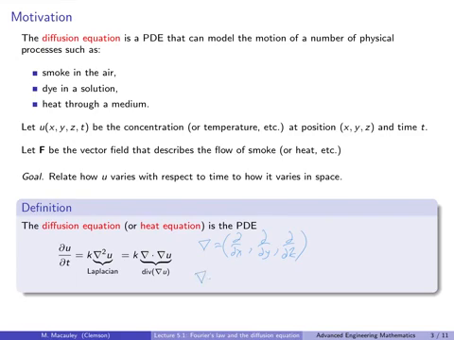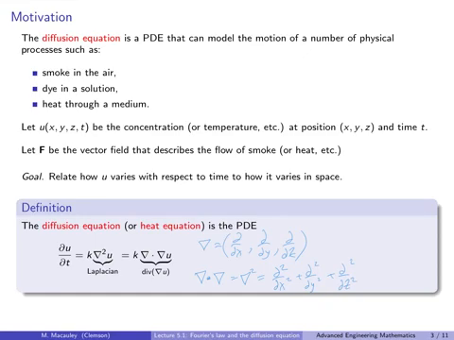So now del dot del, or del squared as it's written, is just the sum of the second derivative operators. So it's del squared, or d squared dx squared plus d squared dy squared plus d squared dz squared.